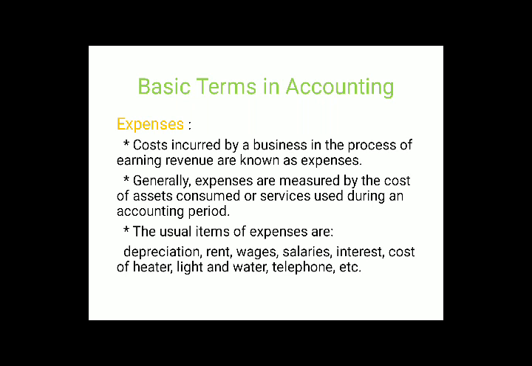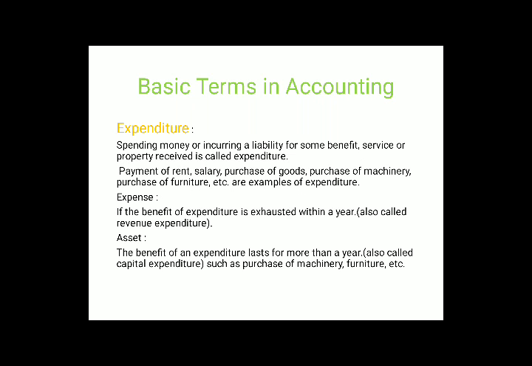The usual items of expenses are depreciation, rent, wages, salaries, interest. Likewise, if you are paying rent to someone, it's an expense. The electricity bill that you're paying, the telephone bill, the wages that you give to the workman that is working for you, all of these are expenses.